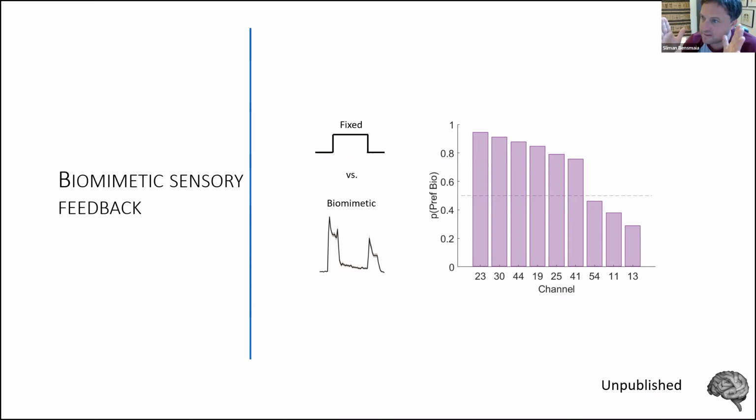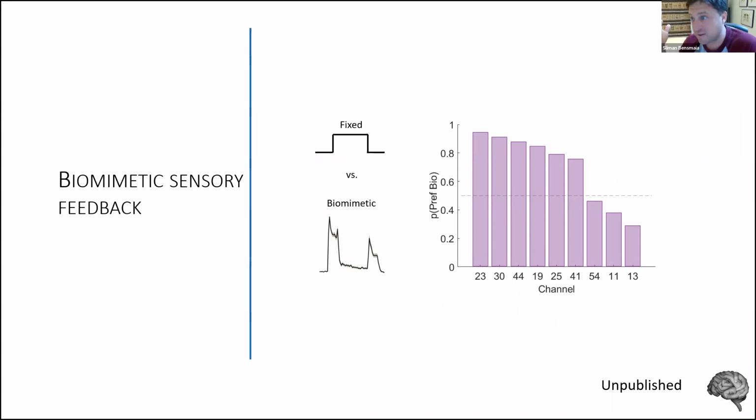Because somehow these flat trains send the brain into some kind of different state, and it takes seconds to get back to baseline, right? But a biomimetic train doesn't have that effect because it is so brief that it does not send the brain into this different state, and therefore gives rise to much more stable sensations, right?